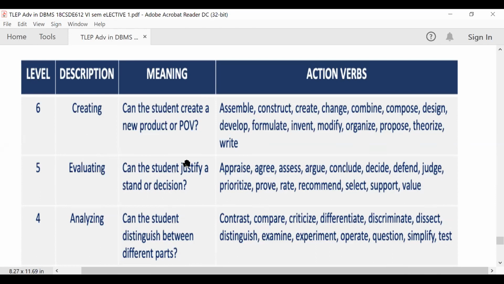If you are asking a question or an assignment with respect to level 5, we have to use keywords like appraise, agree, assess the concept, argue with the particular idea, conclude and give a solution, decide, define. These are the keywords to be used while raising a question with respect to level 5.